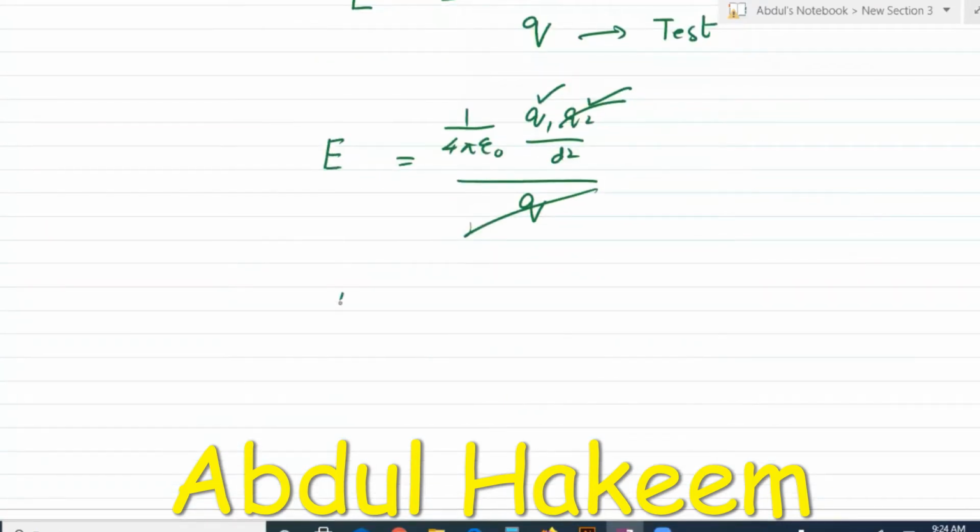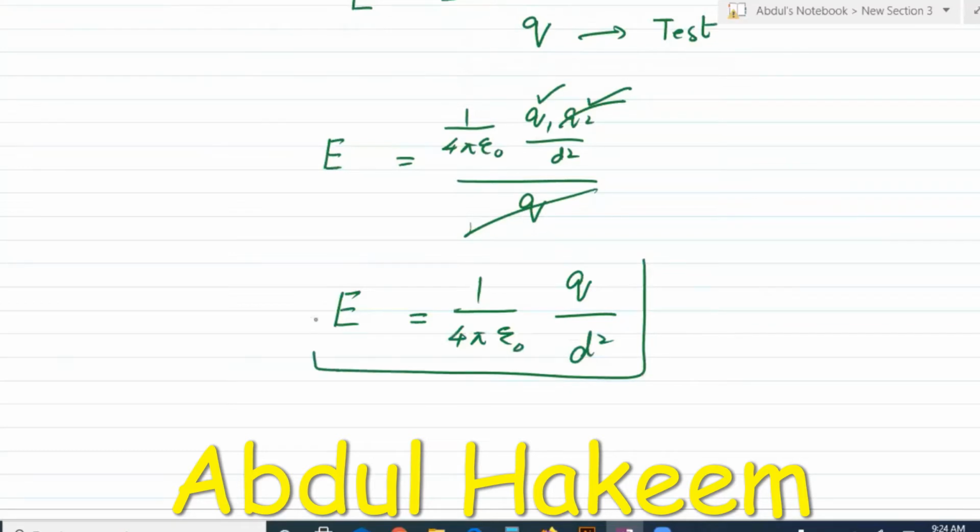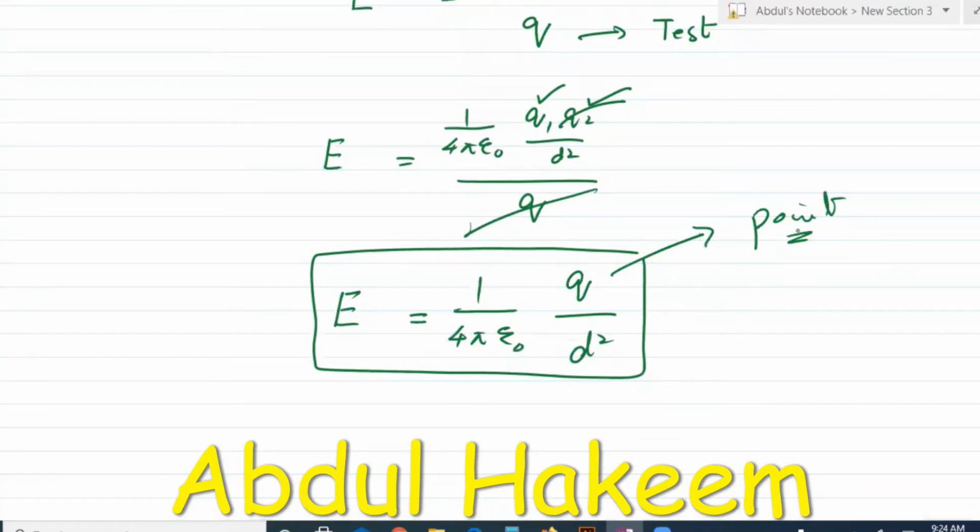Then the electric field strength formula is 1 over 4 pi epsilon naught times the remaining charge, which is the point charge, divided by d square. This remaining charge is definitely the point charge, which exerts force, and the test charge experiences force. So this is the formula for electric field strength.